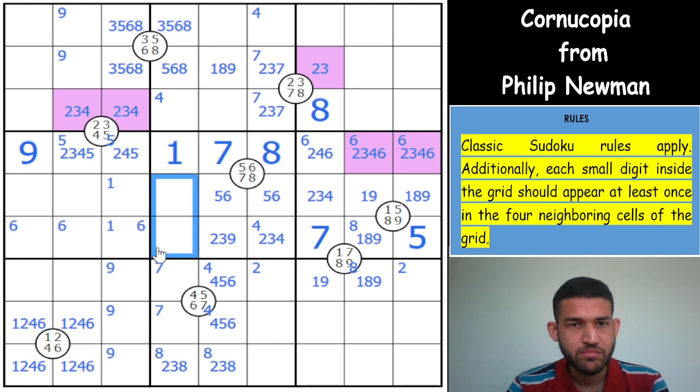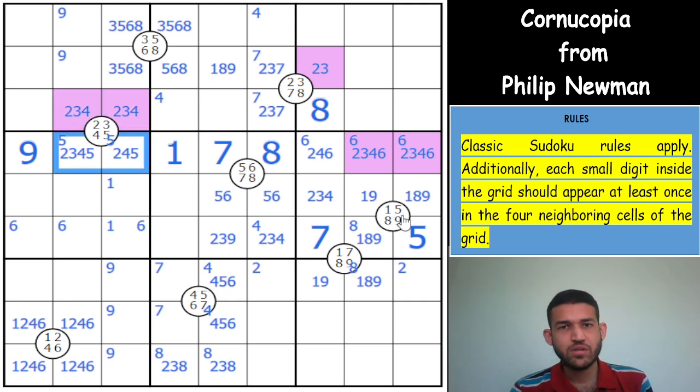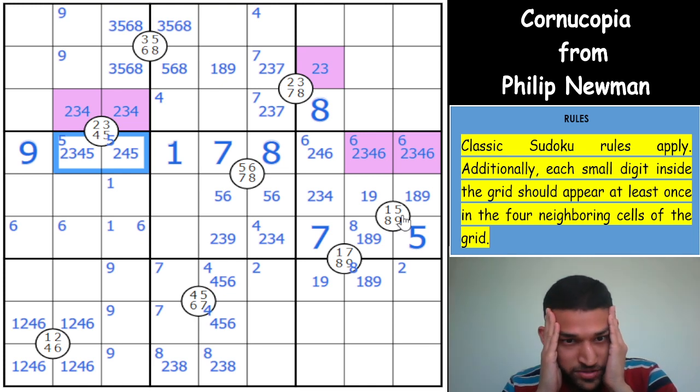Do I need to start making more pencil marks? Not sure. 2, 3; 2, 3, 4; 2, 3, 5. Not sure what I'm missing here.